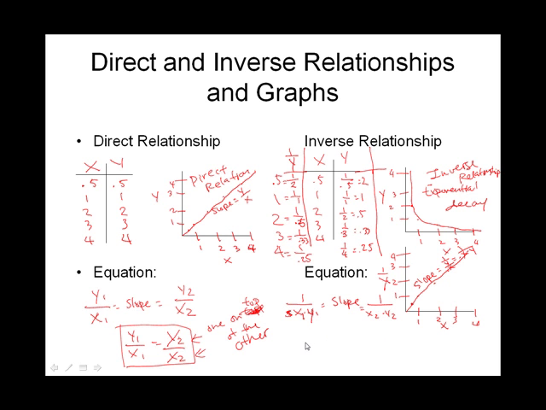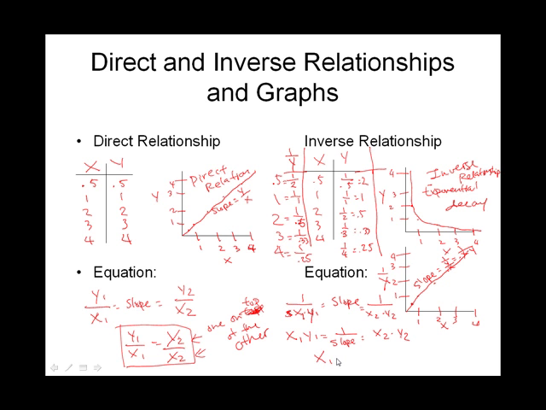This is a little bit messy, so I'm actually going to write this: x1 times y1 equals 1 over slope, which also equals x2 times y2, which also equals the slope.